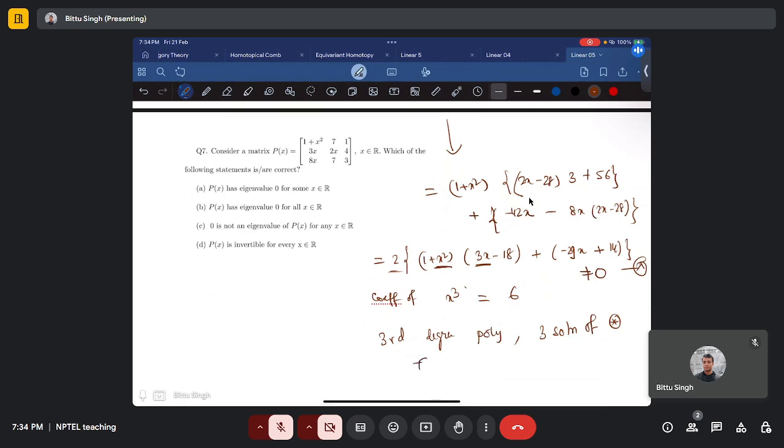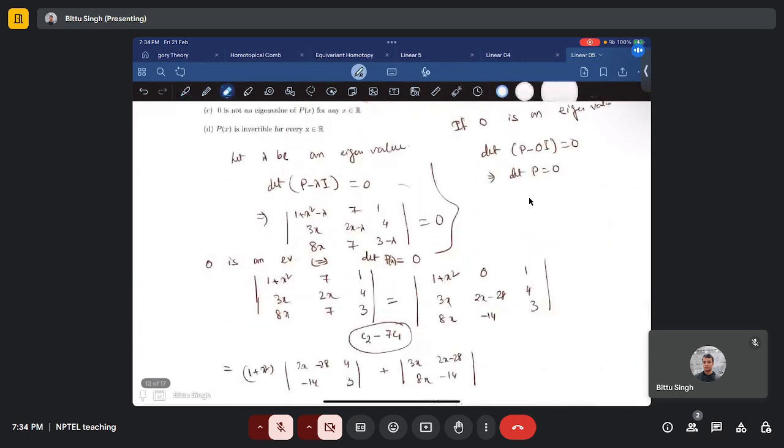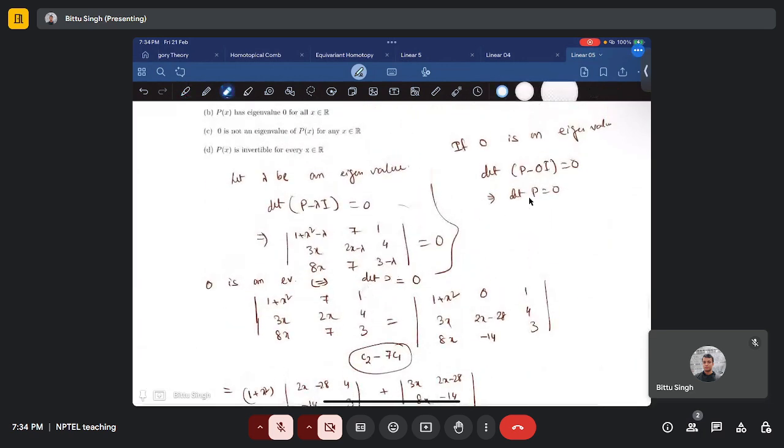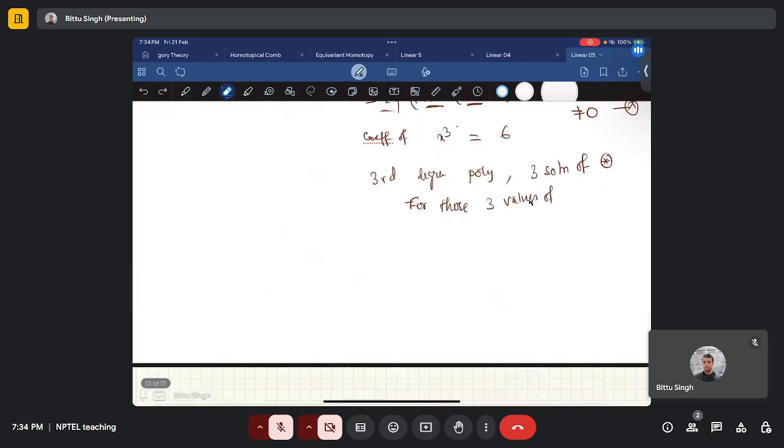So for those three values of x, this determinant is 0, det of px equal to 0.